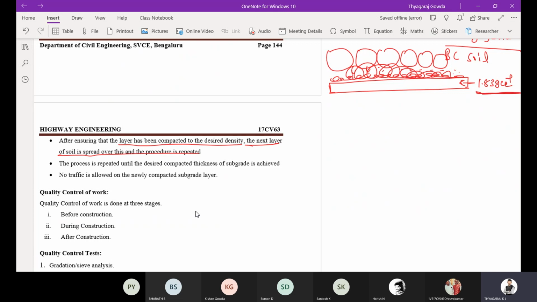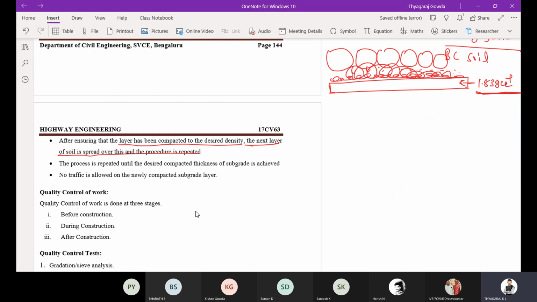So the first thing, you place the soil in loose condition of required thickness and camber. For that you add the optimum moisture content and mix it thoroughly. Then after mixing you do the compaction using a smooth wheeled roller till we get the required density.